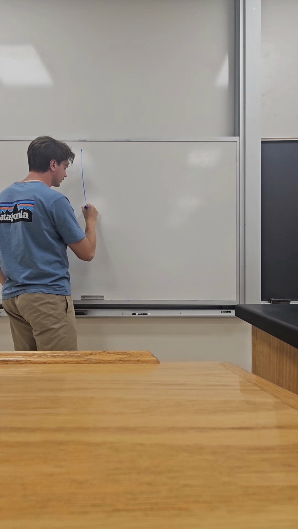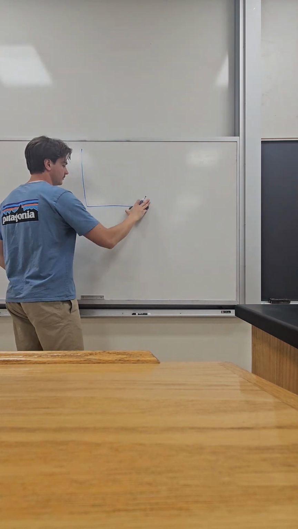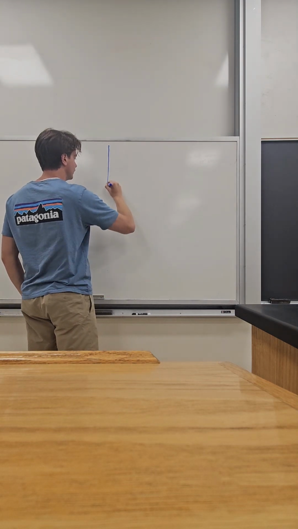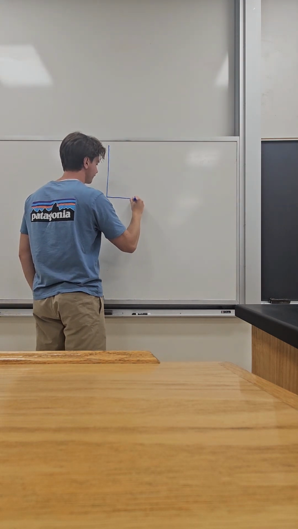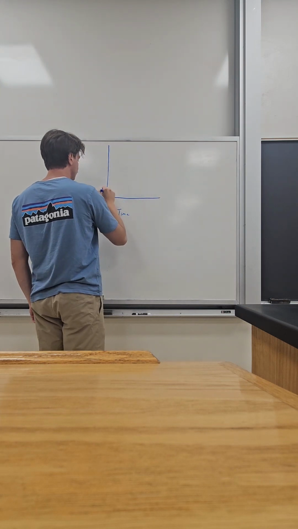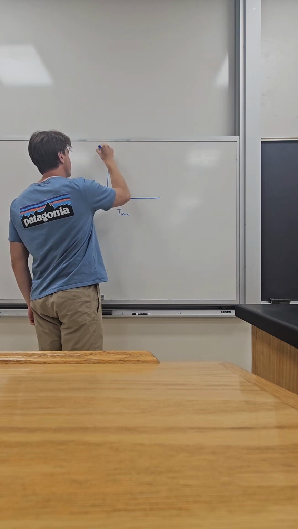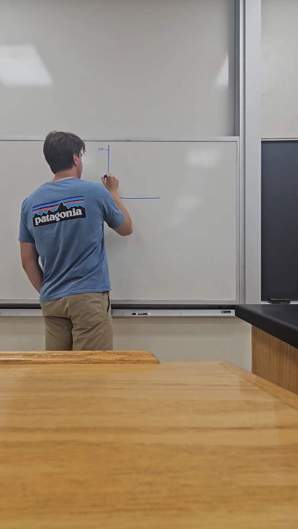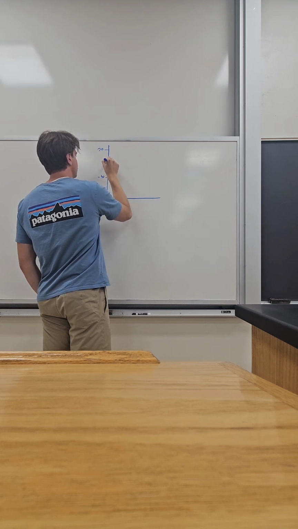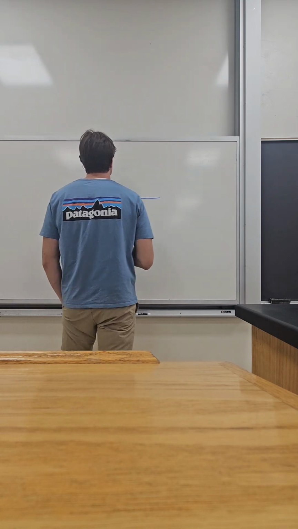Get a little graph going, with time on the bottom. Negative 60 millivolts this time. We'll do 20 up here. Threshold will be around negative 40. 0 right there.